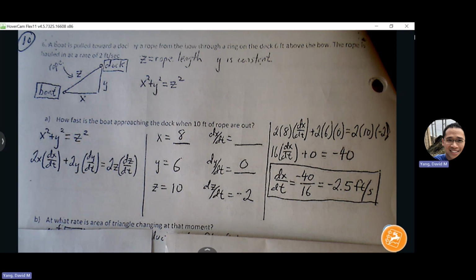And then what's the unit going to be? For dA/dt, area is feet squared per second. Feet squared per second.